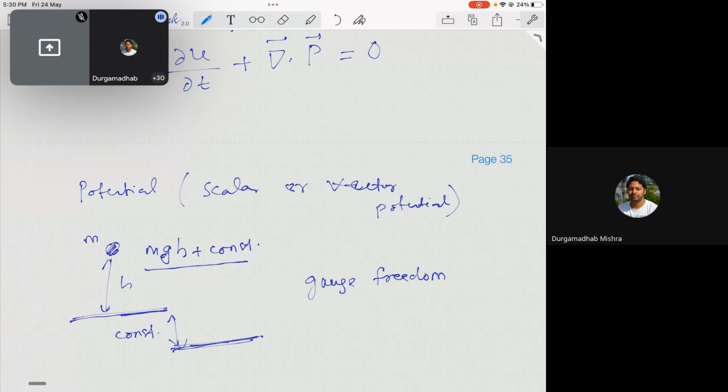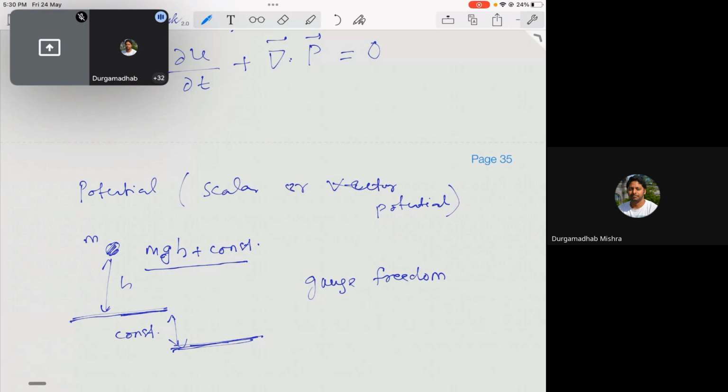Now if I am doing a gauge transformation, moving from one reference point to another reference point, I just have to add some constant, and then I will find out the potential energy without really affecting the overall description of the material itself.